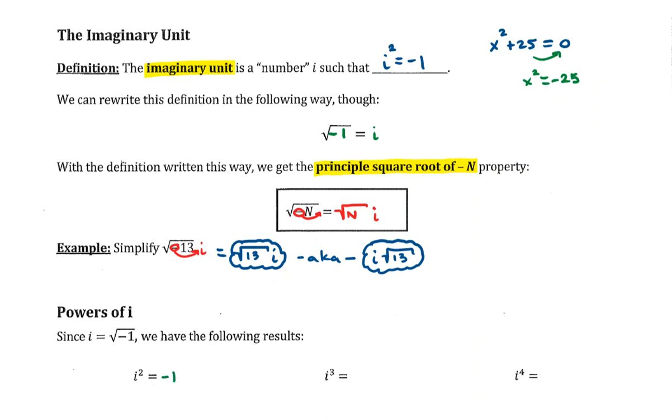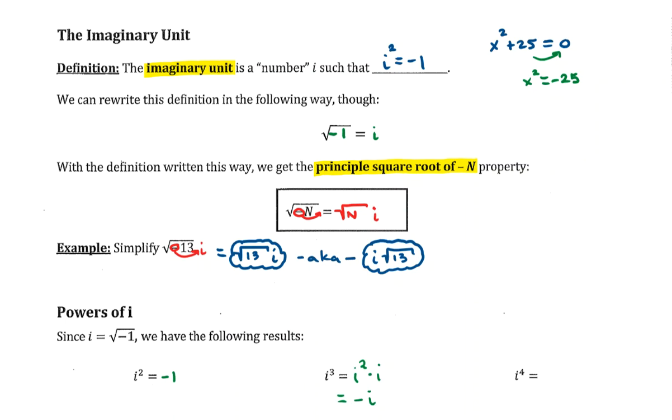Okay, we saw that at the very top. But now I'd like to look at i cubed. Something interesting about i cubed is that you could rewrite it as i squared times i. Knowing that i squared is equal to -1, this simplifies to -i.